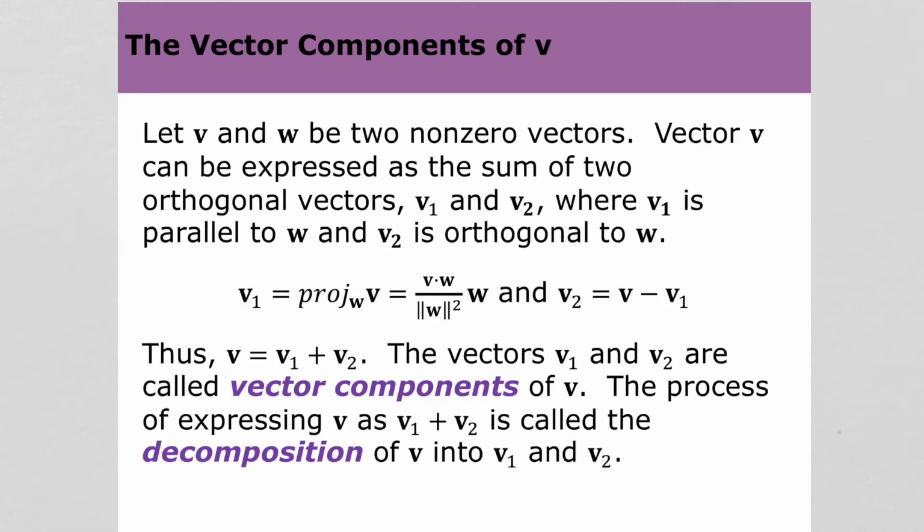If we find the projection, V sub 1, as the projection of V onto W, and V sub 2 is V minus V sub 1, then the vectors V sub 1 and V sub 2 are called vector components of V. The process of expressing these is called the decomposition of V onto V sub 1 and V sub 2.